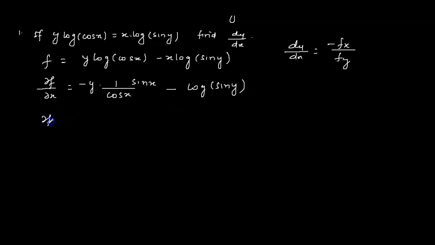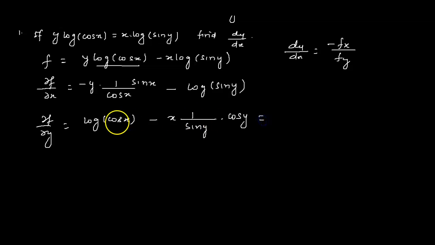Similarly, with respect to y: if we are differentiating with respect to y, log of cos of x is a constant, y differentiation is 1, minus x as it is, the differentiation is 1 by sine of y times cos of y.